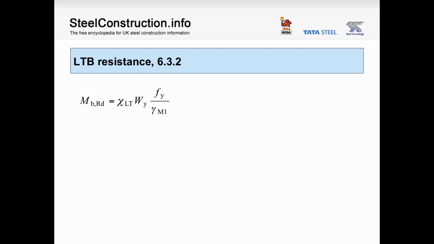The lateral torsional buckling resistance is expressed as the reduction factor chi LT multiplied by a modulus multiplied by yield divided by gamma m1. The modulus depends on the classification. So for class 1 and class 2 sections we'd use the plastic modulus, for class 3 the elastic modulus, and so on.